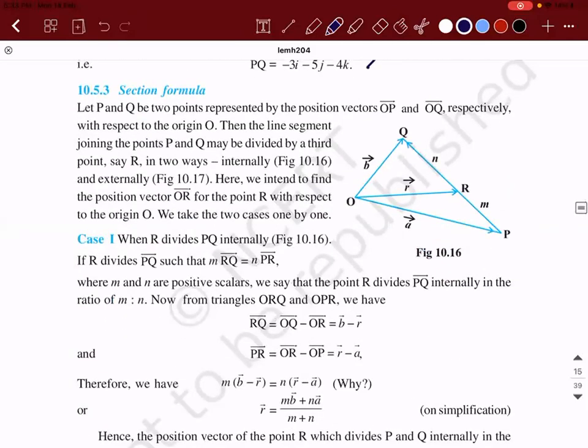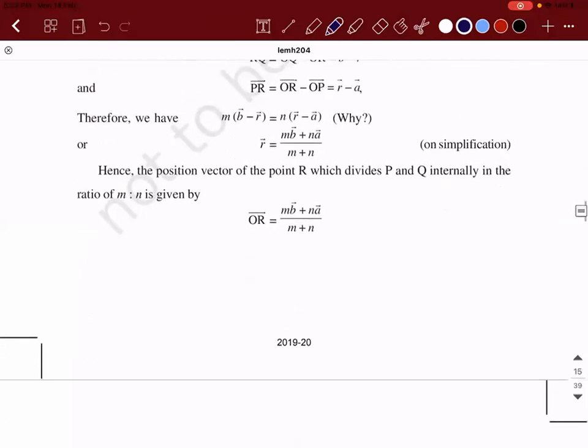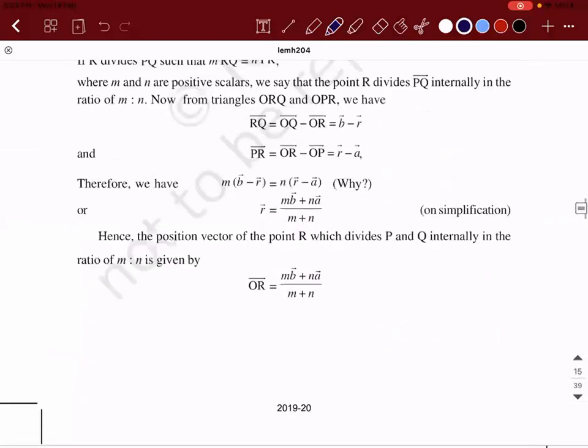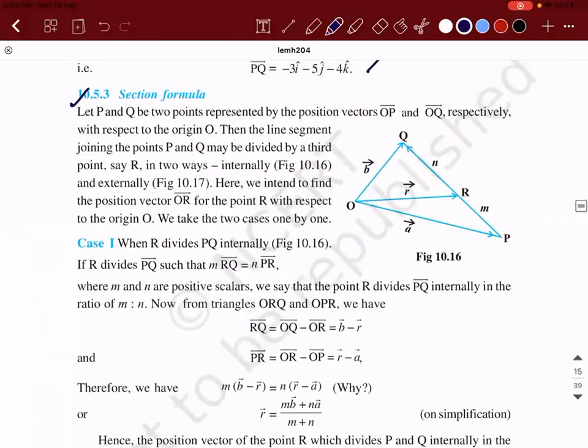Next is the section formula. For the section formula, what we are supposed to do is, if I have 2 points P and Q and I know their position vectors, the position vector of point P is A vector, position vector of Q is B vector. Then I have a point R which is dividing PQ in the ratio M is to N respectively.